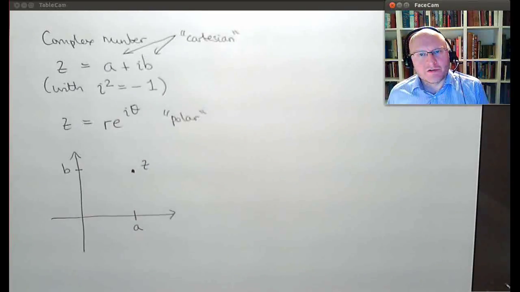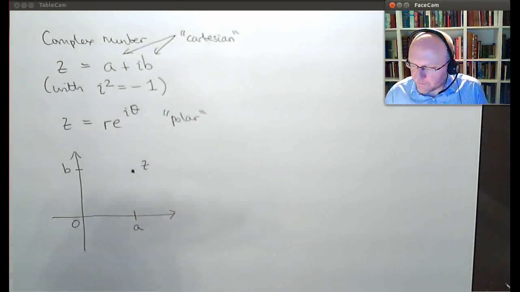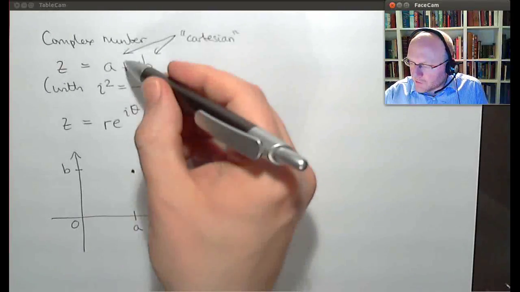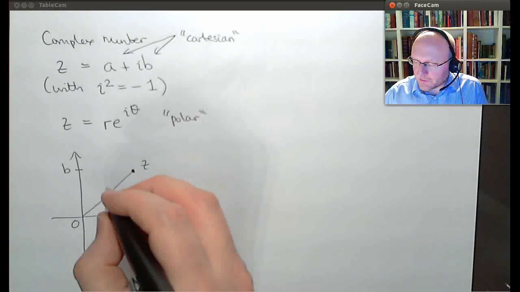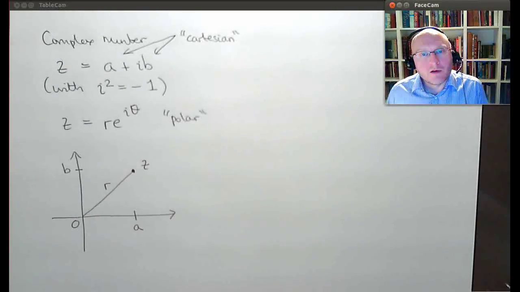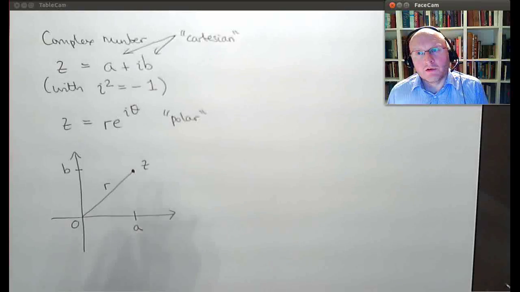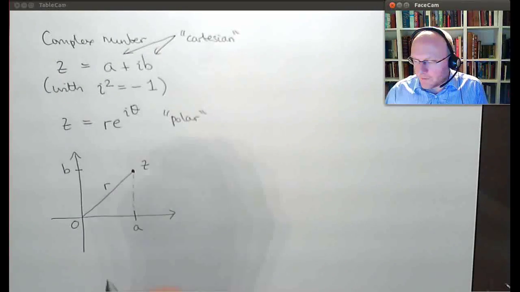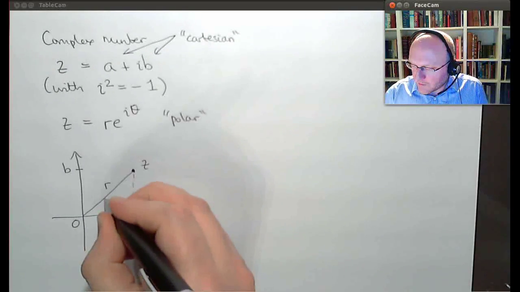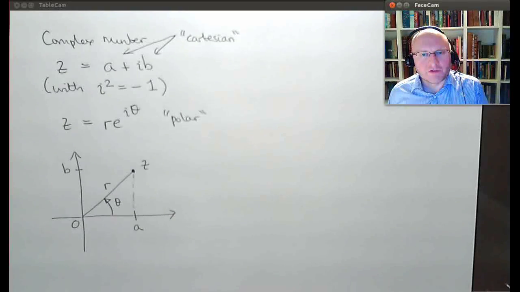So that's one way of representing the complex number z. And these two representations are connected together because if I were to represent this in polar coordinates, where r is the distance from the origin to z, so the length of the hypotenuse of a right-angled triangle there, and theta is the angle measured from the x-axis. So that's an alternative representation.